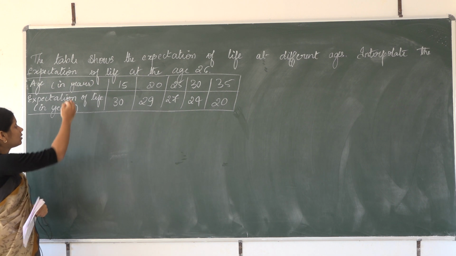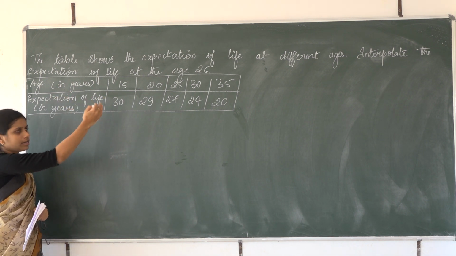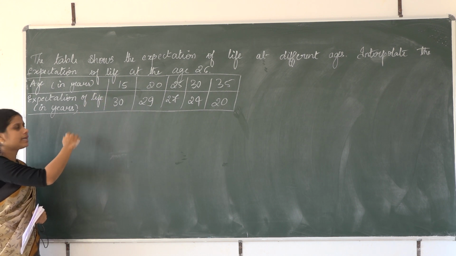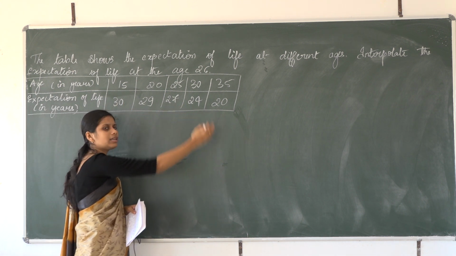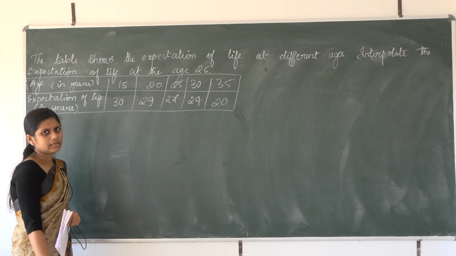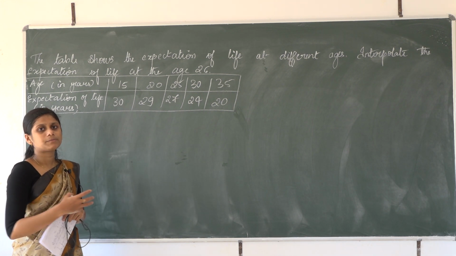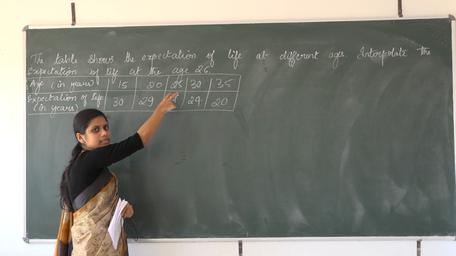They have given age in years and expectation of life in years. Age is 15, 20, 25, 30 and 35, whereas expectation of life is 30, 29, 27, 24 and 20. Now we are asked to interpolate the expectation of life for the age 26.